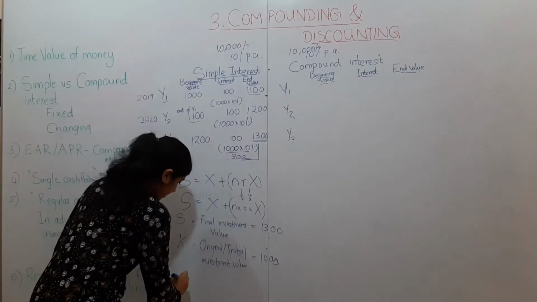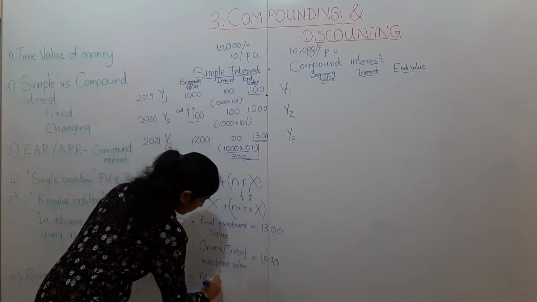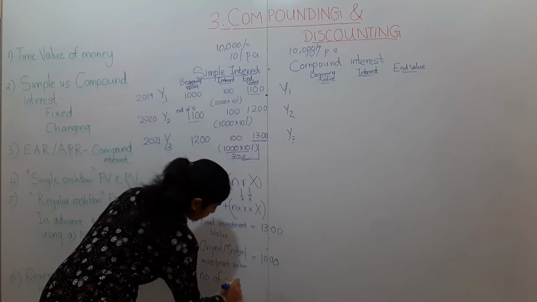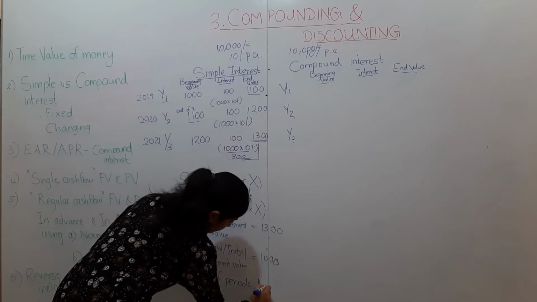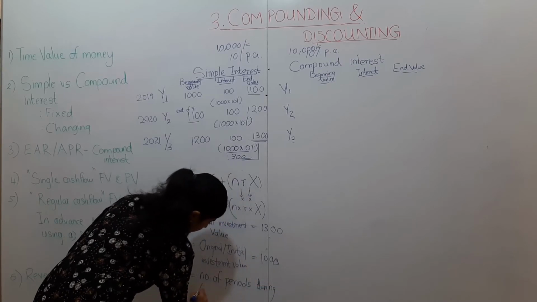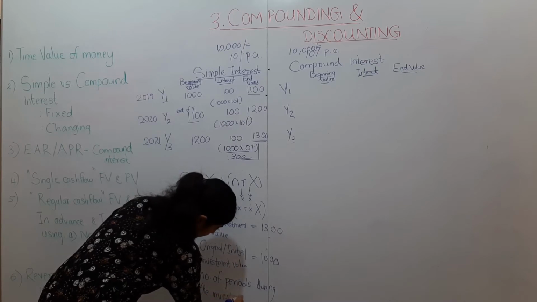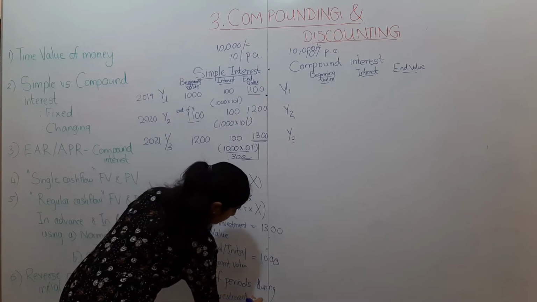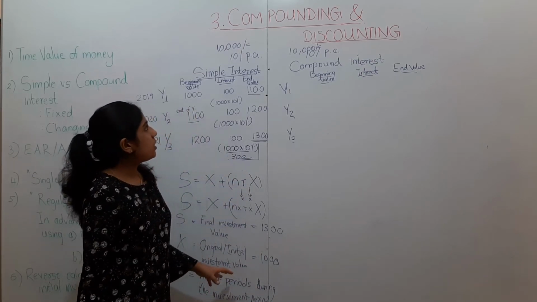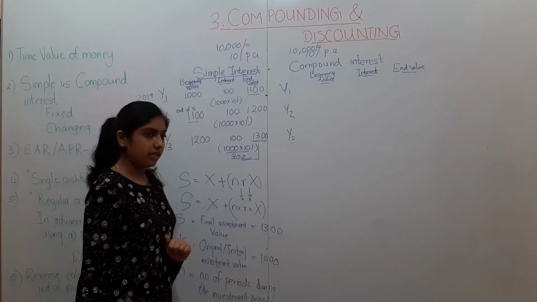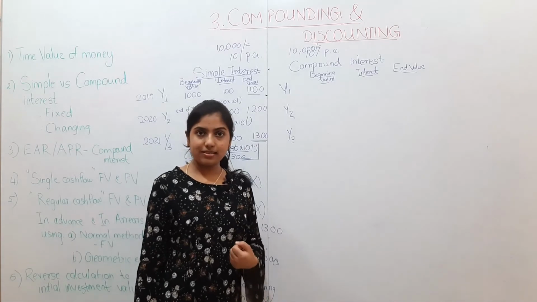And n equals number of periods during the investment period. That means the question will give you how long your investment will stay in the bank.